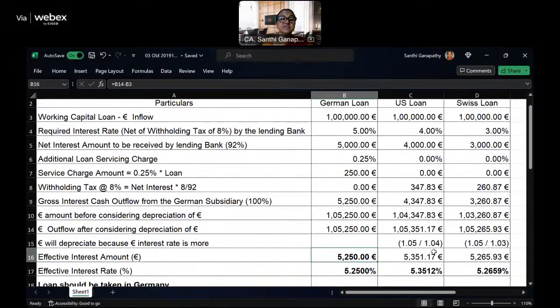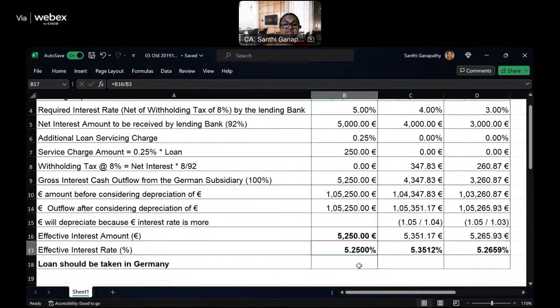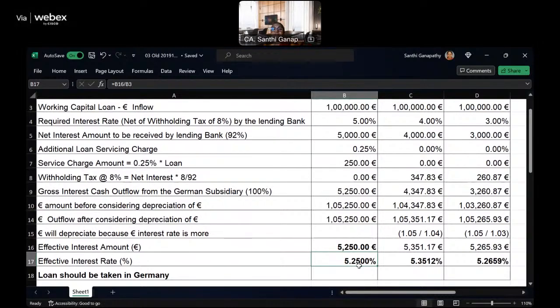So if this is the amount, effective interest amount, and the loan also we know, find as a percentage. You find that loan should be taken from Germany because that is the effective rate. If you look at that, it is the cheapest.